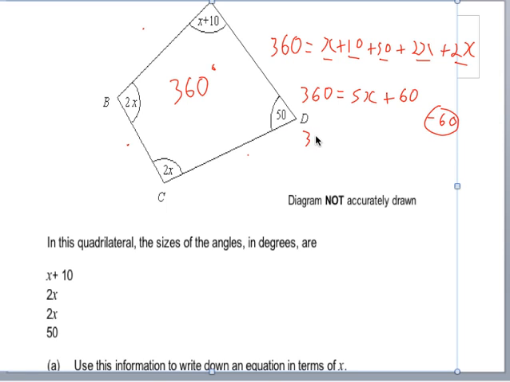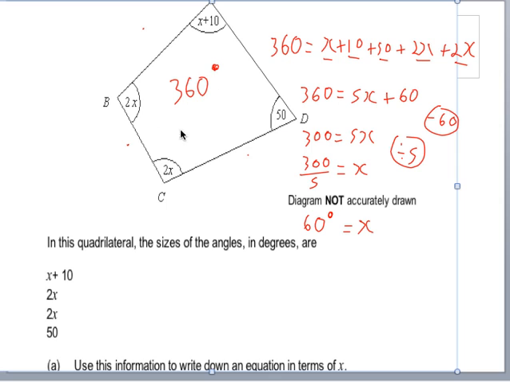So I'm left with 300 equals 5x. How do I go from 5x down to 1x? Well, I'm going to divide both sides by 5. So x equals 300 divided by 5, so x equals 60. Very simply, but I must always remember to put the appropriate units in. So that is 60 degrees. So x equals 60 degrees.